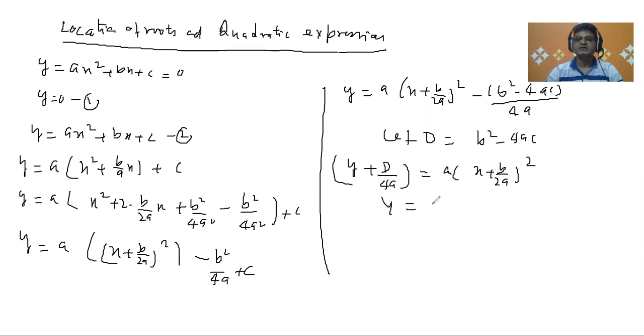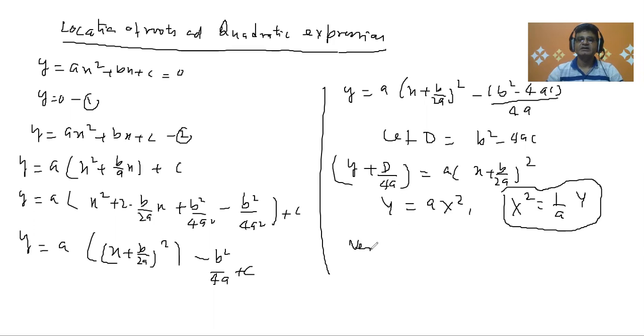So taking it as y and this as x, we can see that it is either an upward parabola or a downward parabola, and the vertex is going to be minus b by 2a and minus d by 4a. So this you have to remember just to locate the roots, where it is varying and what are the conditions required.